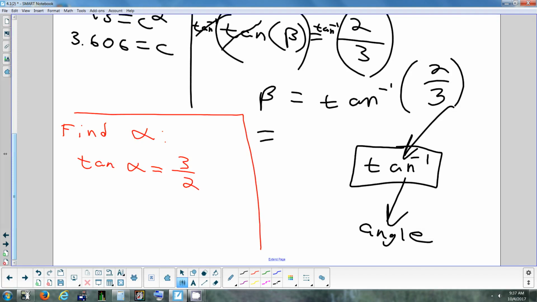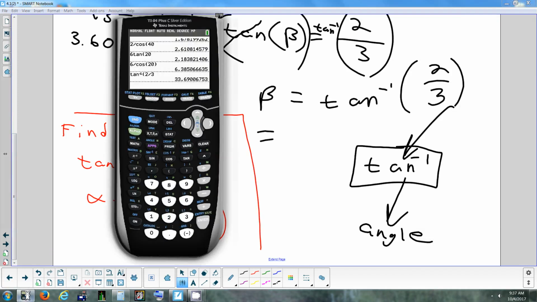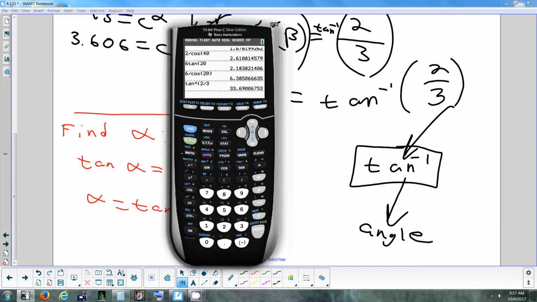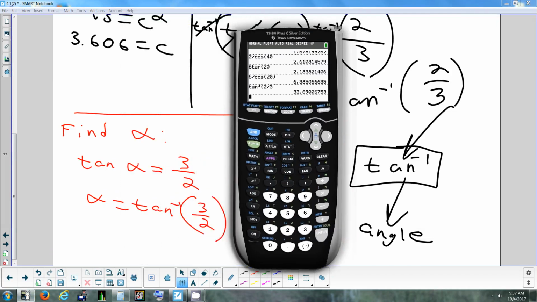We're going to take the inverse tangent of both sides, and you end up with that. Remember, it should be 56.31. If that's what we get, then we know it's right because we get the same answer doing it 2 different ways. So inverse tangent of 3/2, and we get 56.31.